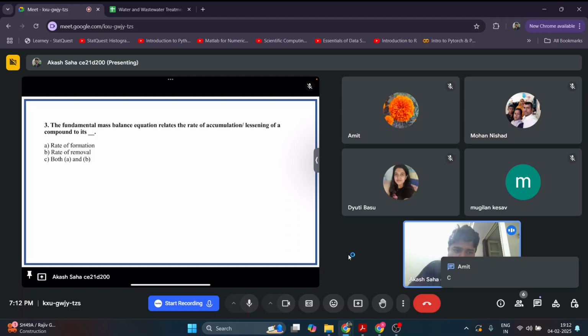Does it depend only on the rate of formation, or on the rate of removal, or both of them? So I got one answer as C. Anyone else? Any other opinion? Just think about it fundamentally.